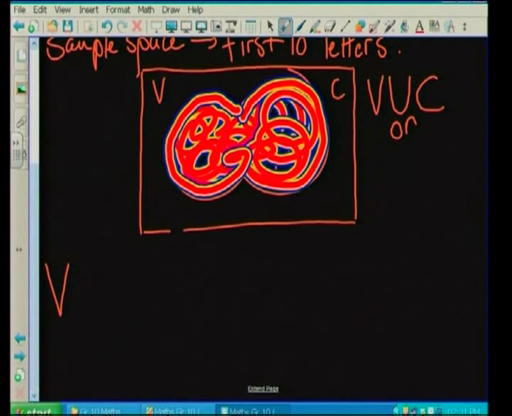Let's talk quickly about and. So now, if I were to say to you, indicate on your Venn diagram vowel and consonant. The upside down U means and. Now, in this case, because the events are mutually exclusive, we saw before that there was nothing inside the vowels and the consonants.